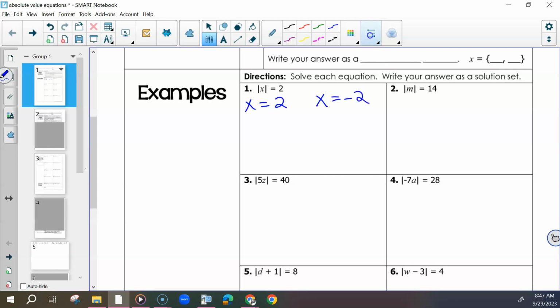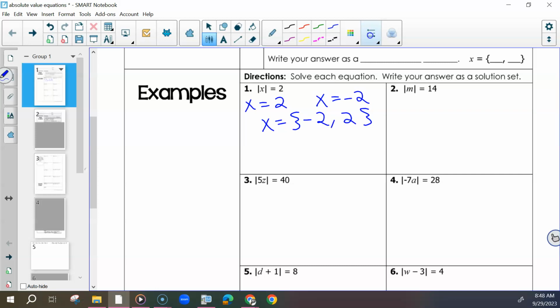Remember that absolute value measures distance. So while it can be positive, it can also be a negative. So that's why we set it equal to both. And then if these were equations, we would solve them, but they're done. So then we can write this as a solution set. So in curly brackets, least to greatest, -2 and then 2.